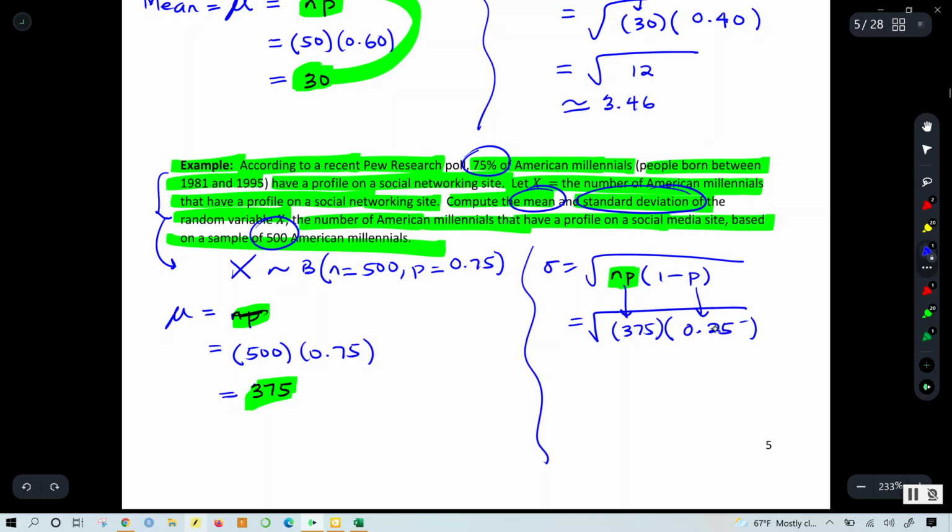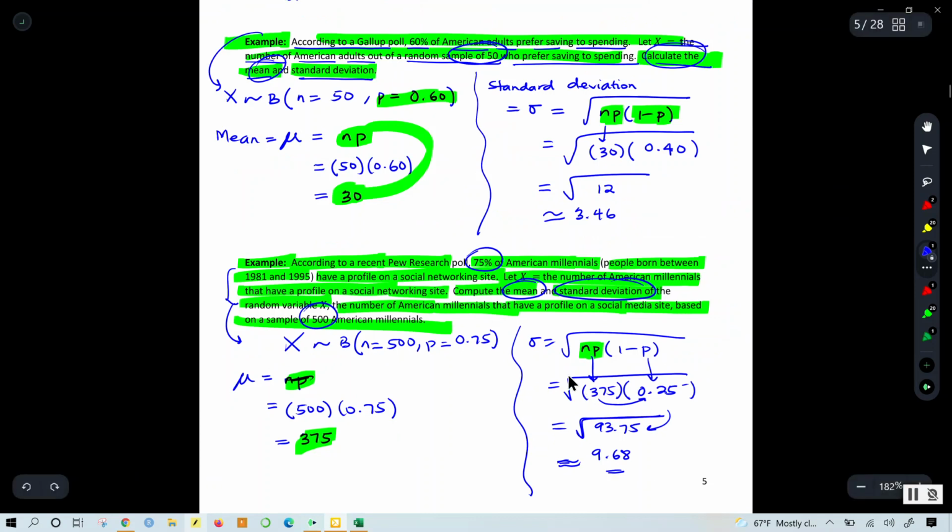So I can replace that. That'll be the square root of 375 times 0.25, which is 93.75, and approximately the square root of 93.75 is 9.68. So with that done, that helps us to introduce the ideas of the mean and the standard deviation of a binomial random variable.